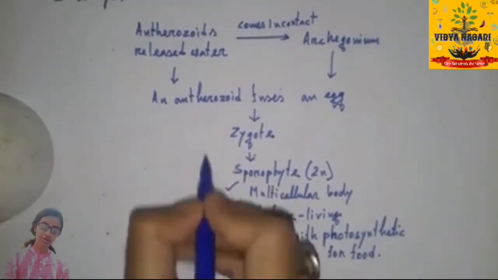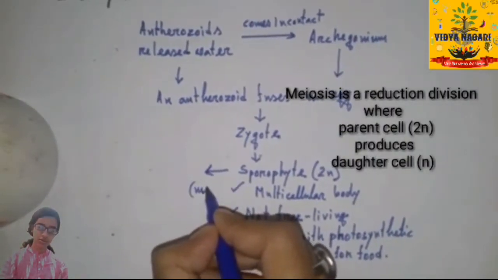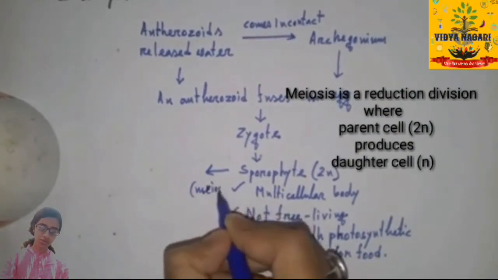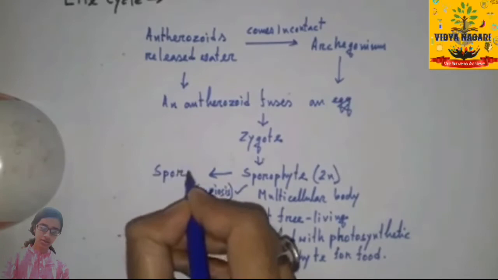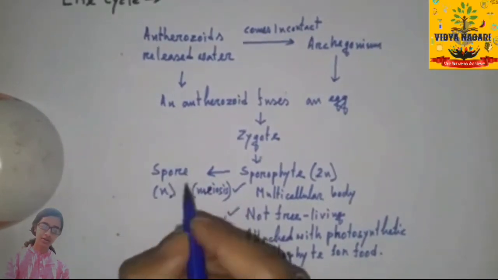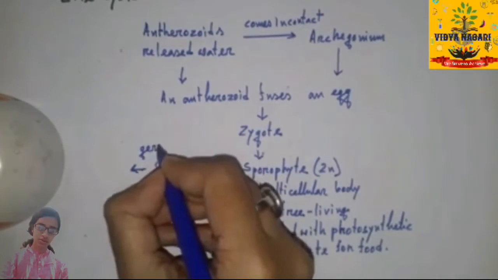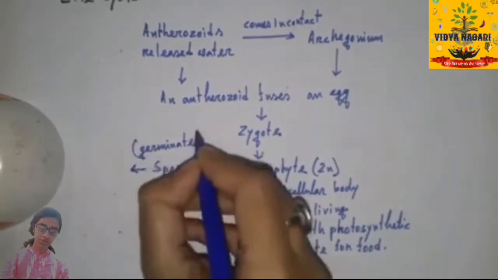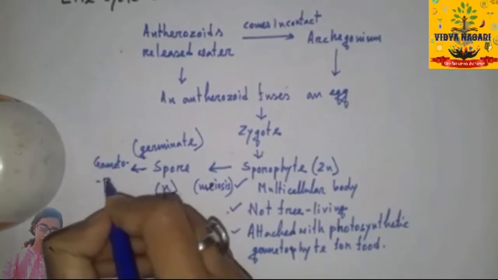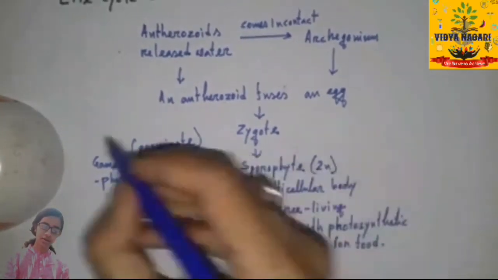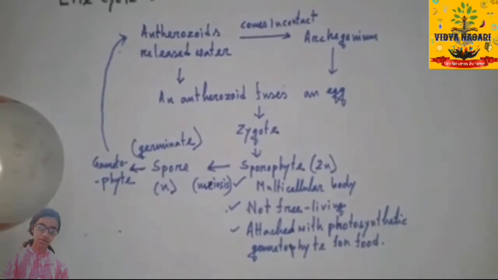This sporophyte undergoes meiosis division and forms spores, which are haploid, and the spore then germinates to form the gametophyte, and this gametophyte again produces these antherozoids and archegonium. Thus the life cycle occurs.